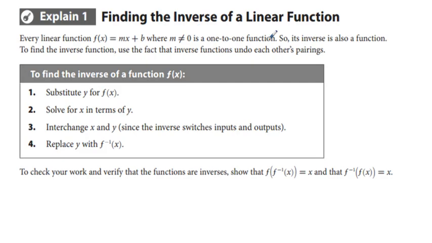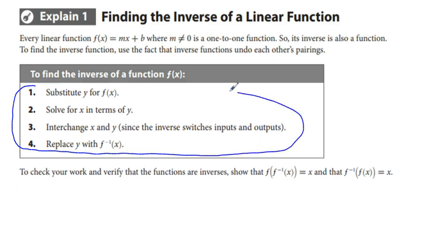Explain one, finding the inverse of a linear function. Now here is something you really need to become aware of: this four-step process of converting a function into an inverse. And it says below, to check your work and verify that functions are inverses, we can find the compositions of these two functions and they are equal to x.